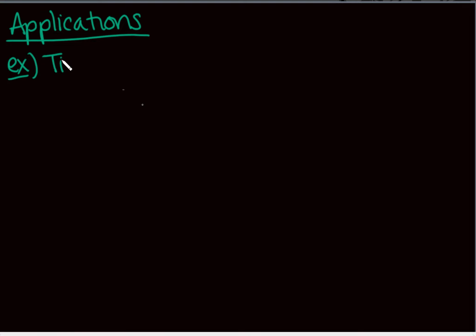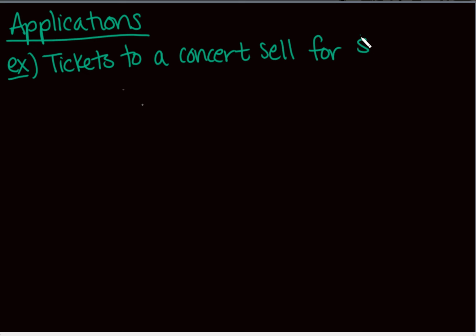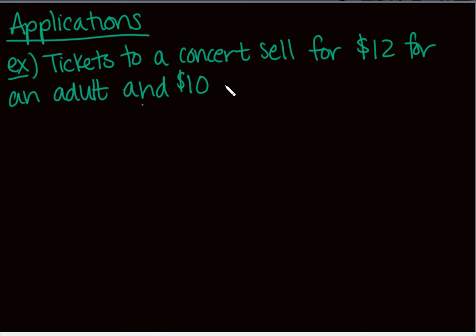Example: tickets to a concert sell, let's say, for $12 for an adult. And let's say $10 for a child.